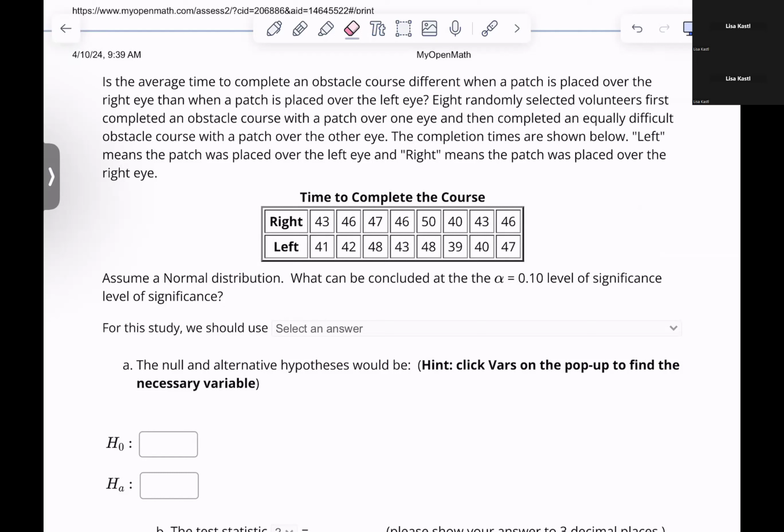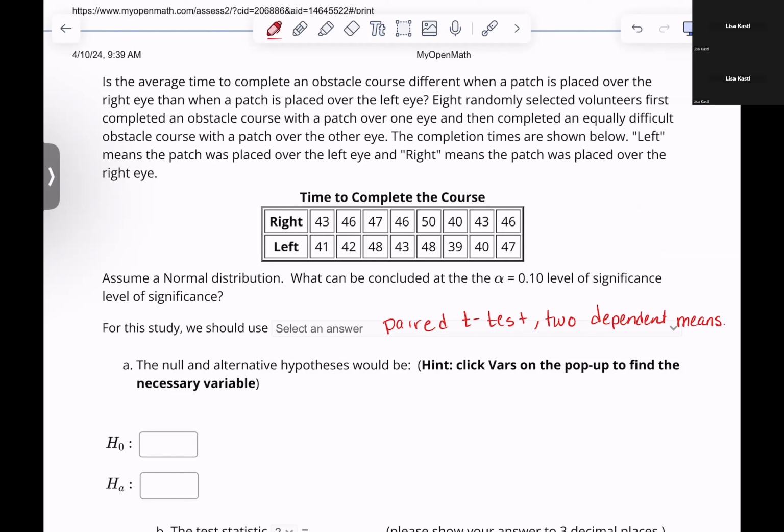Someone's left eye and right eye. So it's called a paired t-test for dependent means.